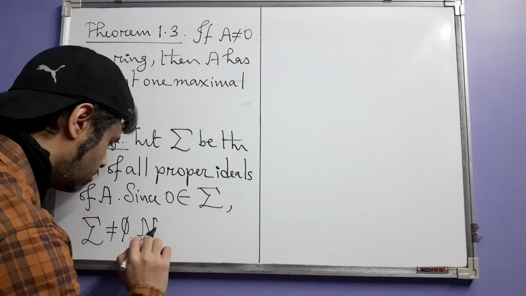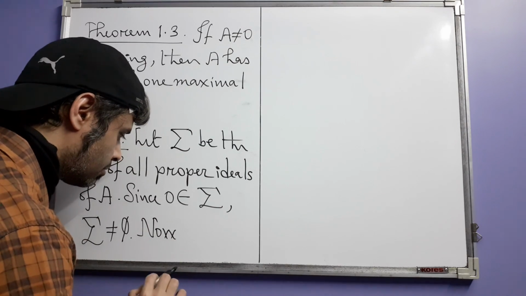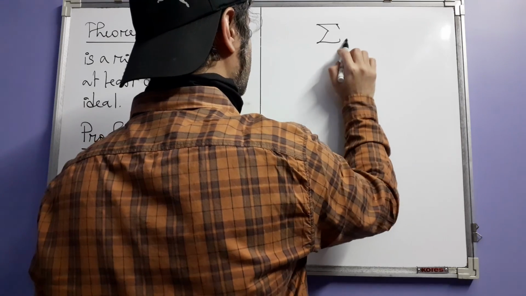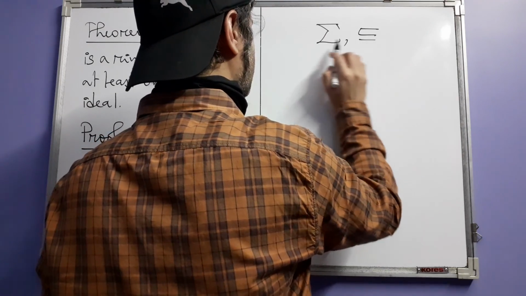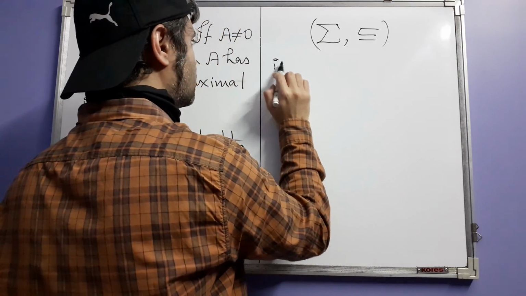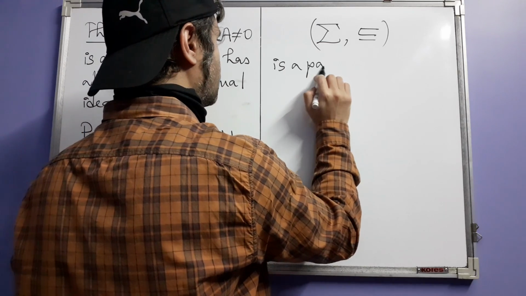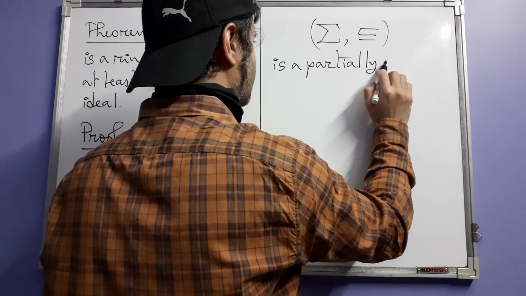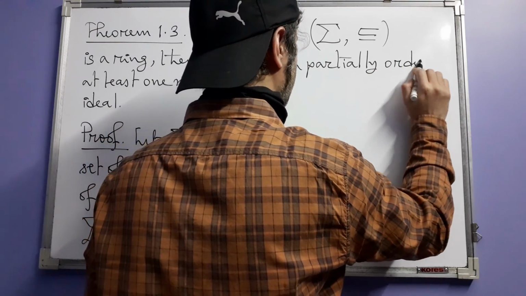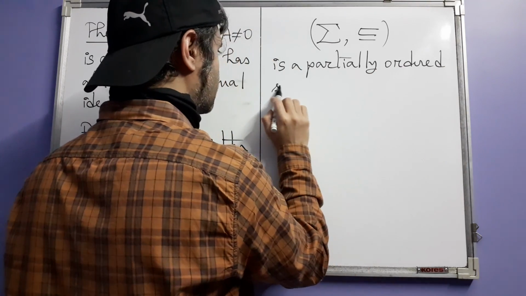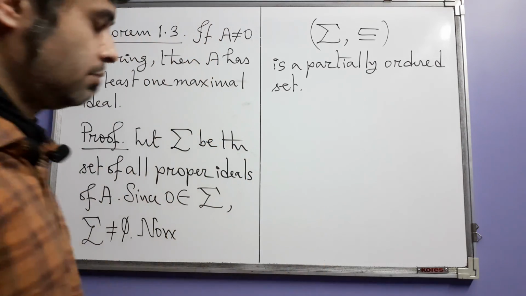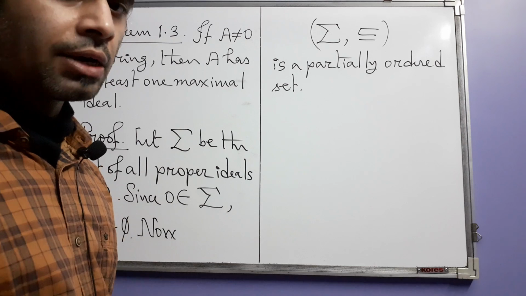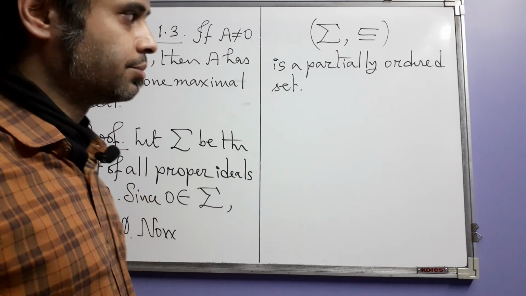Now this is a partially ordered set, and that relation is set inclusion, our ordinary subset relation.